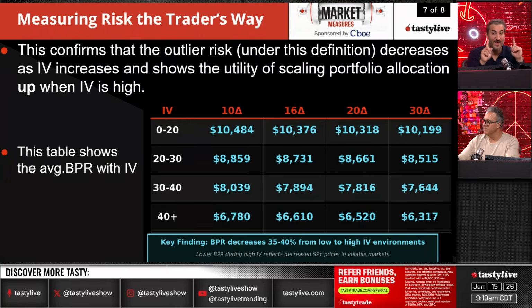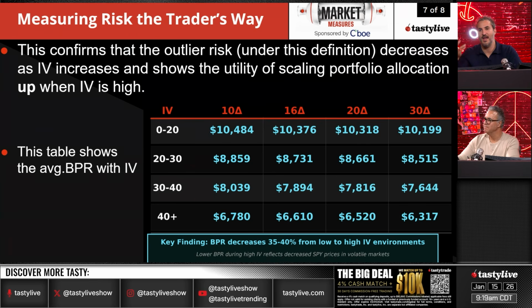Right. That said, if you're starting at 20 and you get to 40, the position is going to move against you. So that's another reason why when volatility is low, we're constantly talking about being lighter on positions, a little bit more defined risk, diagonal spreads, stuff where you don't have this outlier risk.